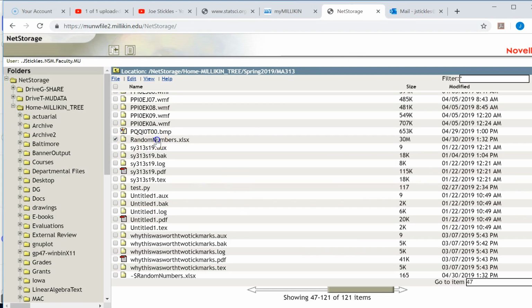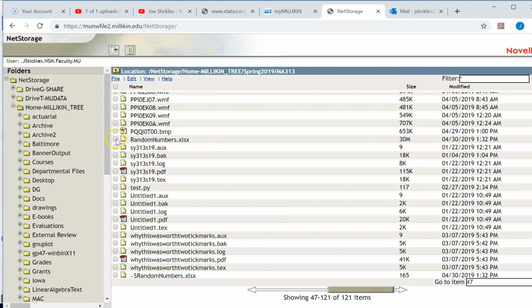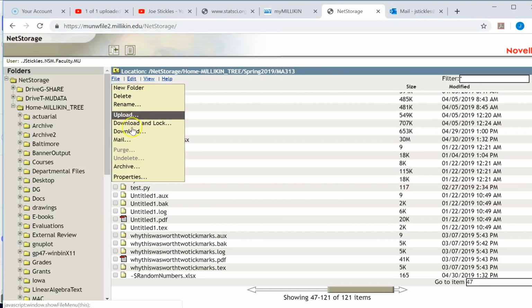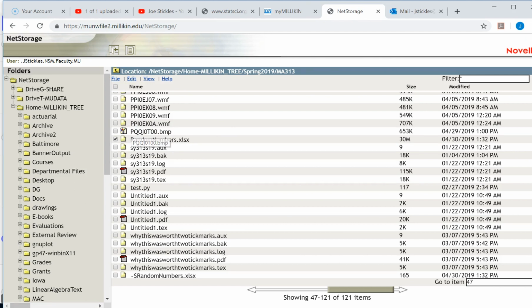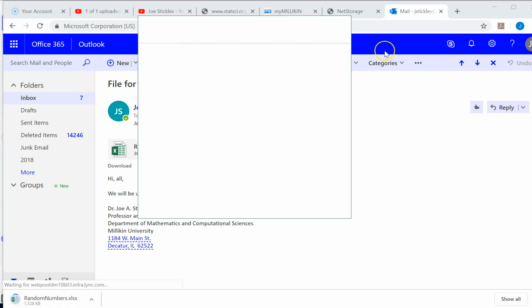What do you mean it cannot be found? Oh my gosh. Oh, there it is. Finally came up. It's because there's, I don't know, 50,000 random numbers in it, I think. You know what? Just do it this way.